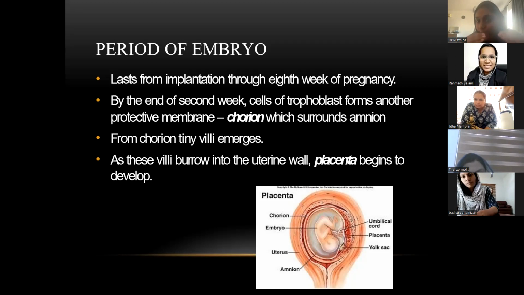It forms a very protective membrane known as chorion, which is surrounded by amnion. So basically, there are 2 layers forming, amnion and chorion. Both are protective layers of the embryo. You can see in this picture the outer layer chorion, the inner layer amnion, and inside you can see the embryo.